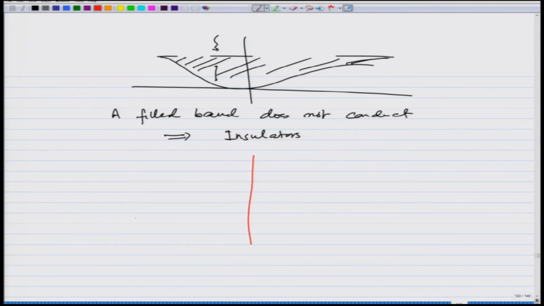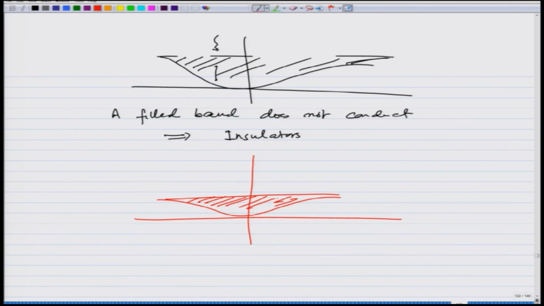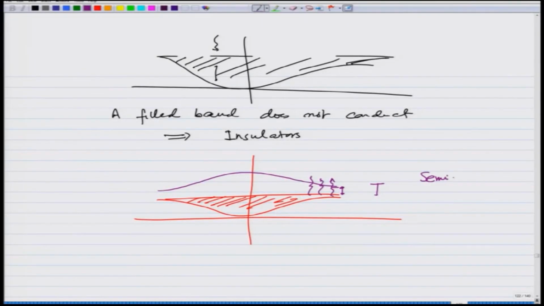Now, if I have a band which is fully filled and the next band is close to it, the band gap is not much, this gap is very small, then some electrons can move to the upper band at temperature T. The lower band would be less than fully filled, the upper band would have some electrons, and they can conduct when electricity is given, and this gives rise to semiconductors.